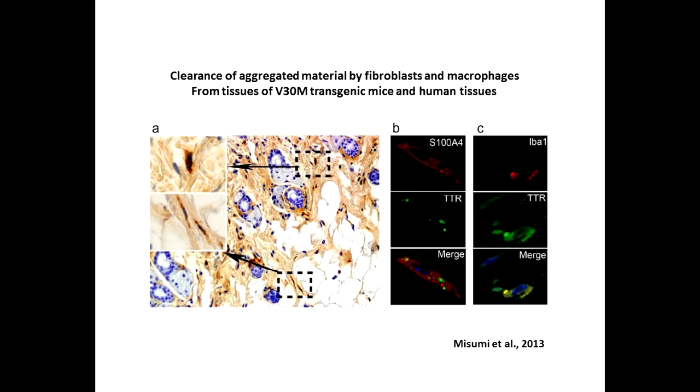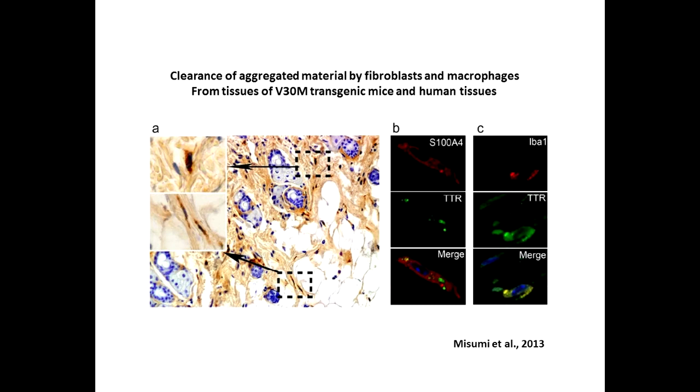And so recently we studied in detail. We saw clearance. We saw both fibroblasts and macrophages full of TTR. And this was in skin of transgenic mice, skin of FAP patients, domino transplant patients, and so on. So TTR is eliminated by cells in the body.